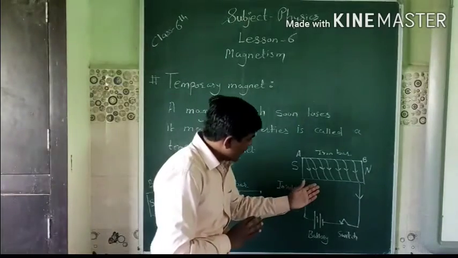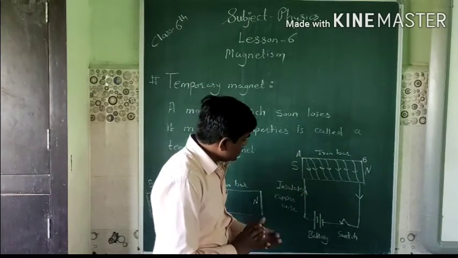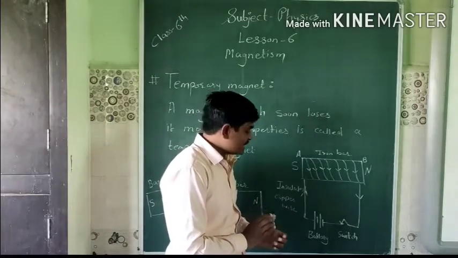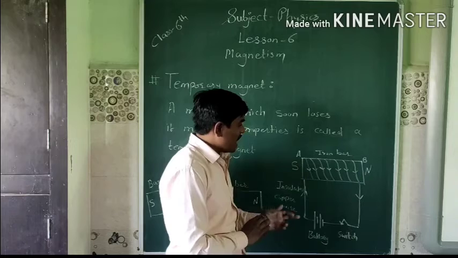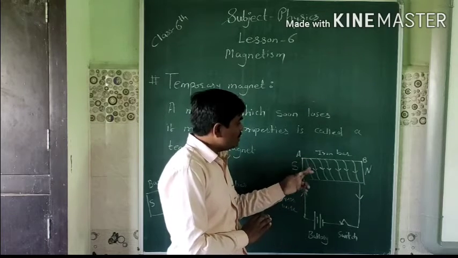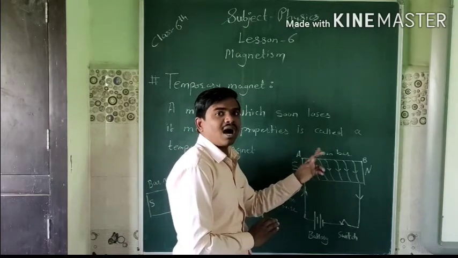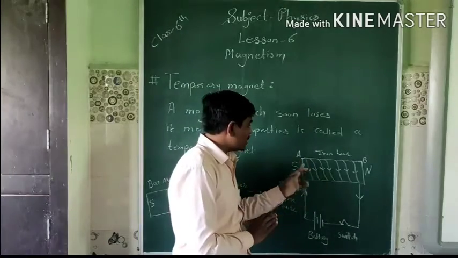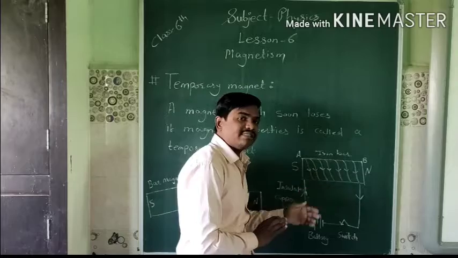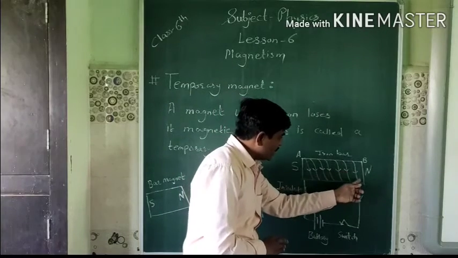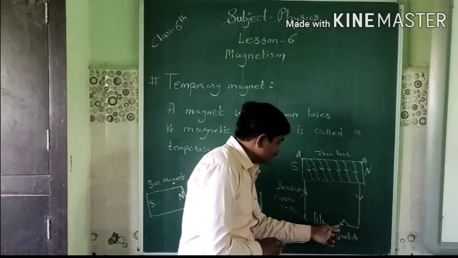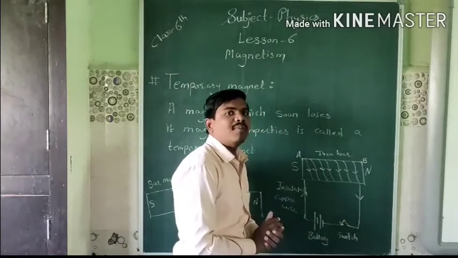Similarly, here you will see that this insulated copper wire, one end is attached to the battery and it is wound around the iron bar. The coils of insulated wire are wound around the iron bar, and it comes out at this end B and touches the negative terminal of the battery.